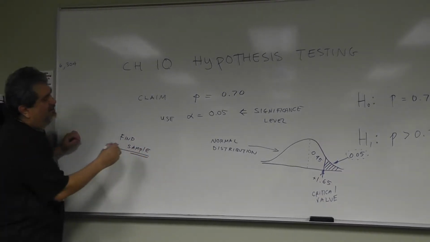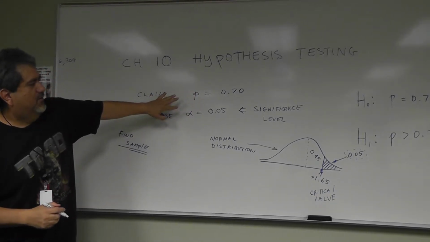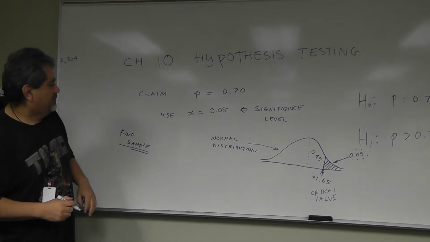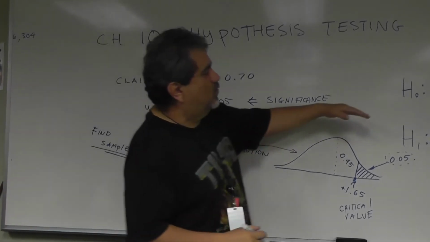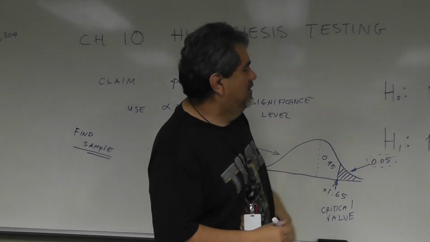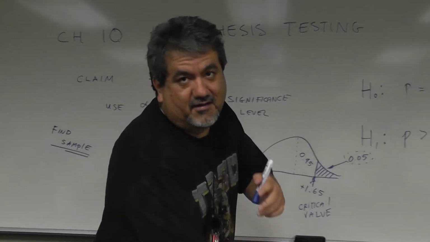Now, we don't have, of course, enough information to find the sample, but we are going to do that in a minute. Finding the sample is going to help us determine which one we accept, the null or the alternative. Now, there's basically one criterion alone, right?